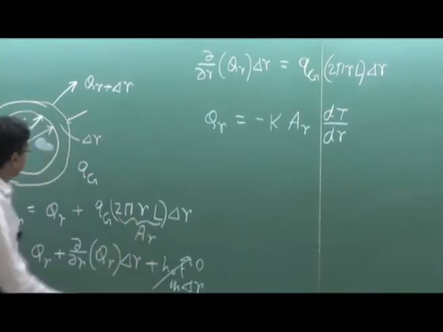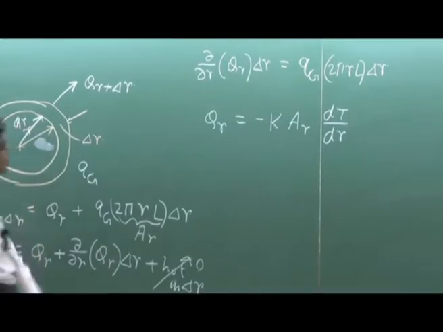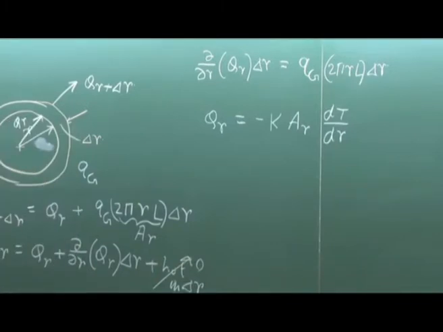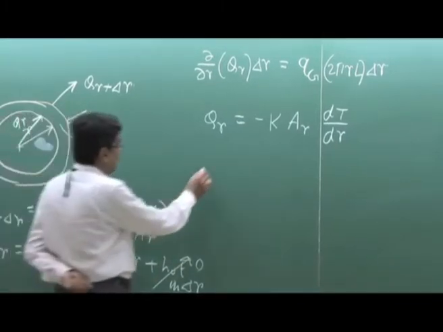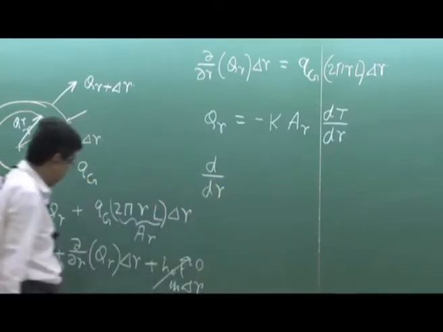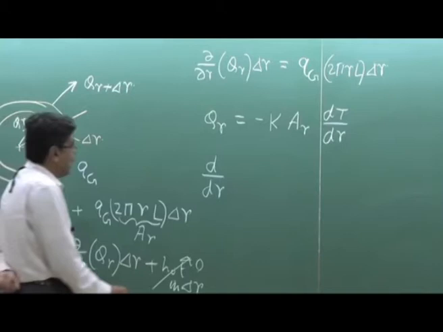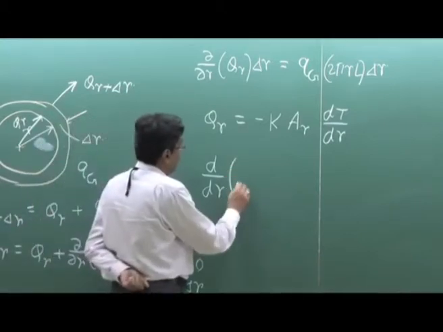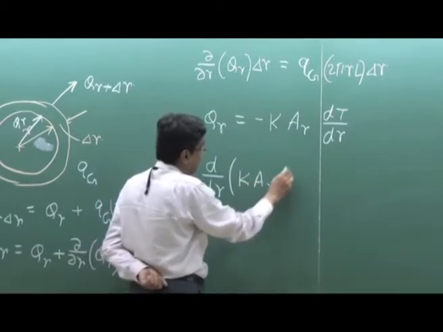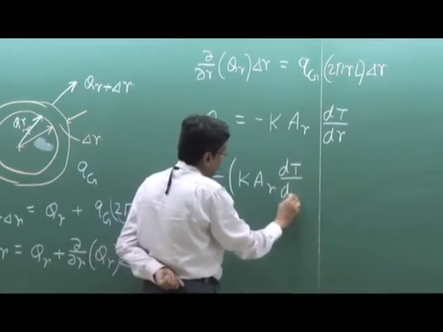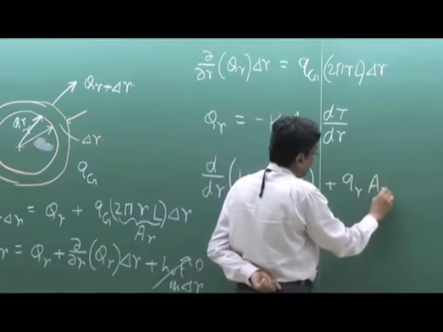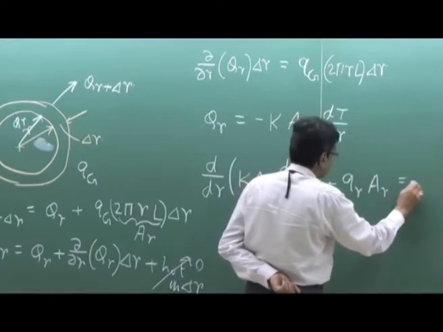This del del r I can write as d dr, because it is a one-dimensional heat conduction. QR exists and it is a function of r only. So d dr of, taking the k this side, k AR dT dr plus Qg AR is equal to 0.